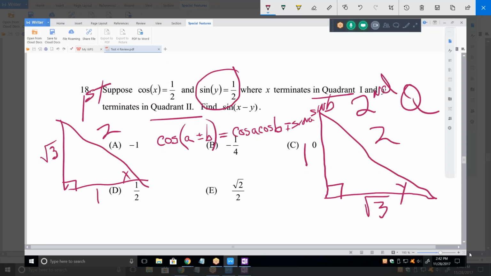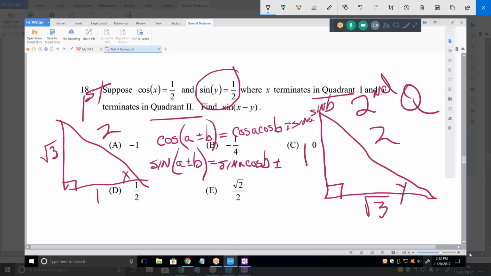Okay? The other one you have to memorize is the sine one. What is the sine of a plus, and I use plus or minus because it could be either one. Well, with the sine, I also have two cosines and two sines in my answer, but it starts out the sine of a, cosine of b, same.